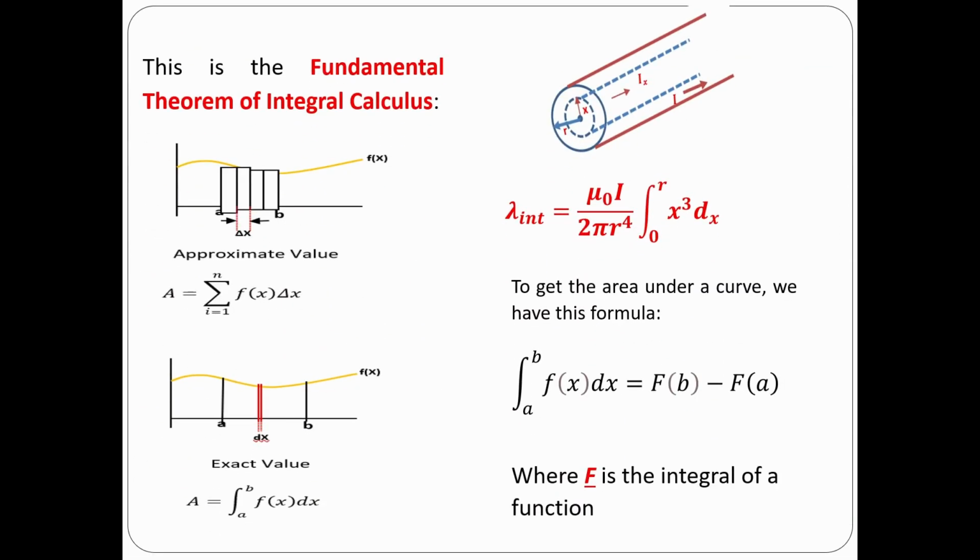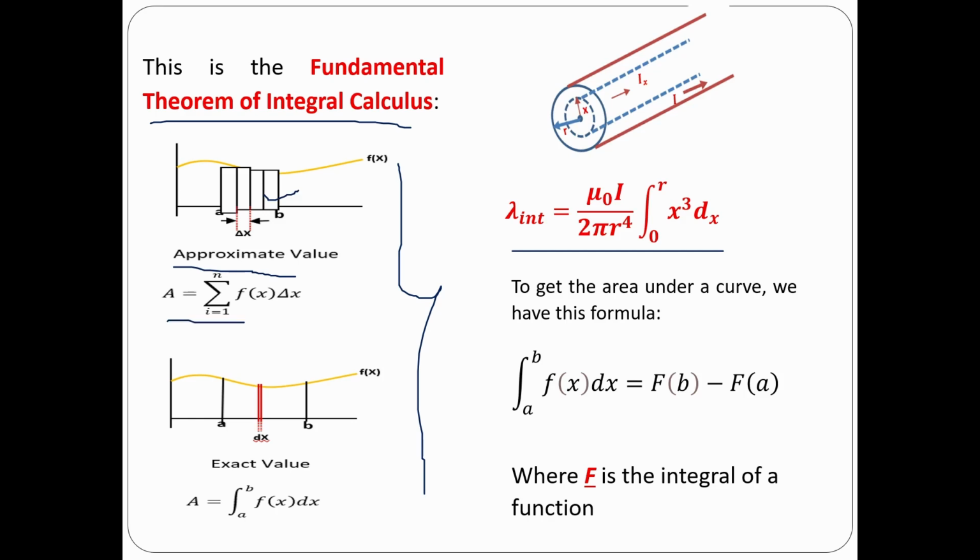But before we proceed with the integration of this equation, I would like to show you first the fundamental theorem of integral calculus. We have an approximate value, where the area under a curve is divided into rectangles whose width and length are known, and then the areas of the rectangles are added using this formula.